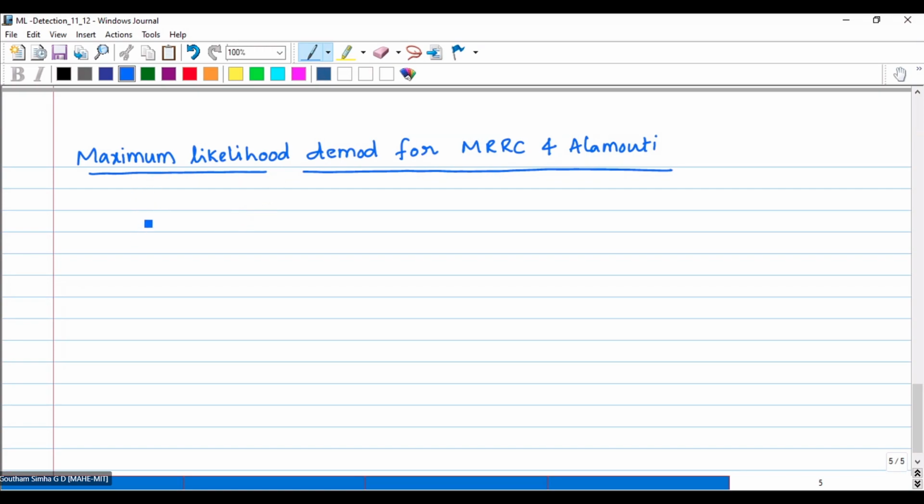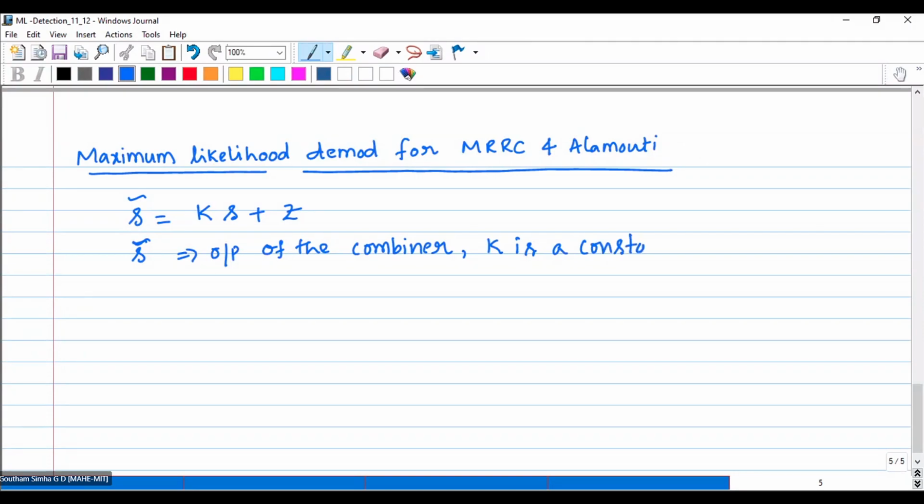So I will write S tilde is equal to, instead of using HS plus N, a constant term KS plus Z. See, this S tilde represents the output of the combiner. Just try to focus here and understand this concept, output of the combiner. And K is a constant.